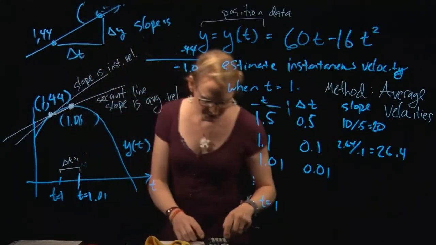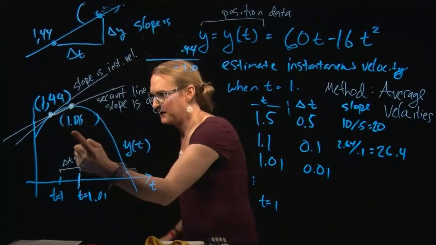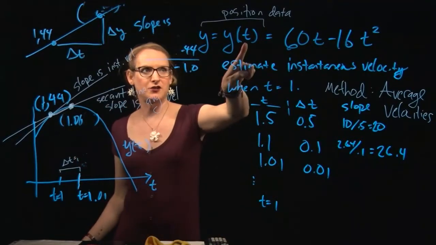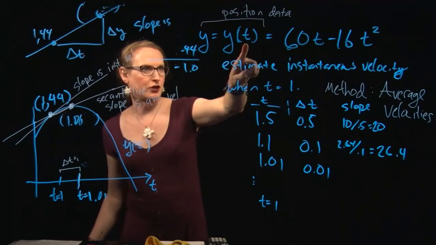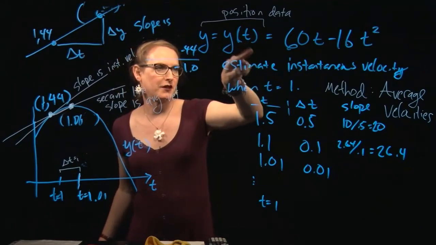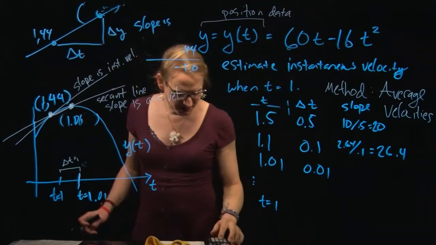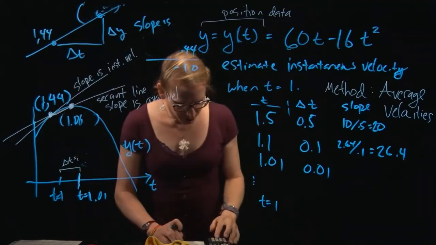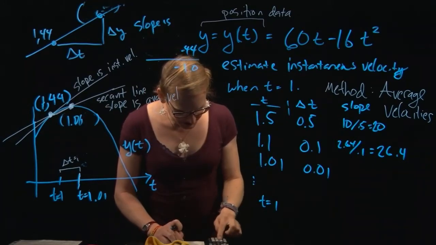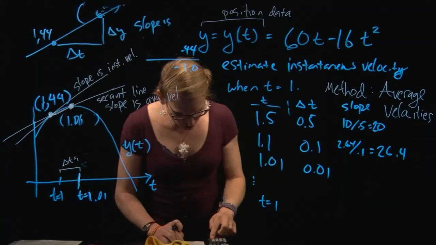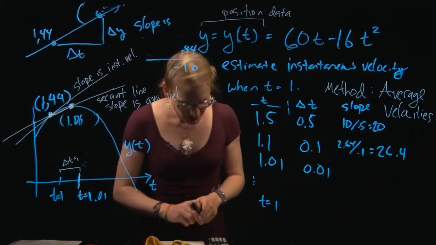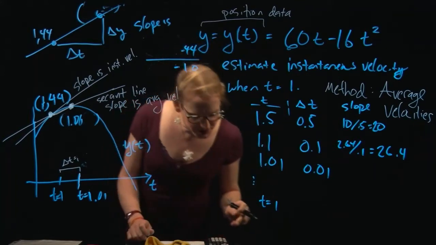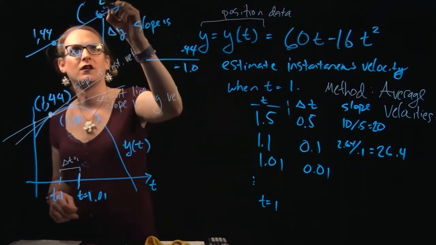Our function value, we're going to take that t value and feed it into the placeholder for the value that wants to be eaten. We're going to go 60 times 1.01 minus 16 times 1.01 squared, 44.2784.